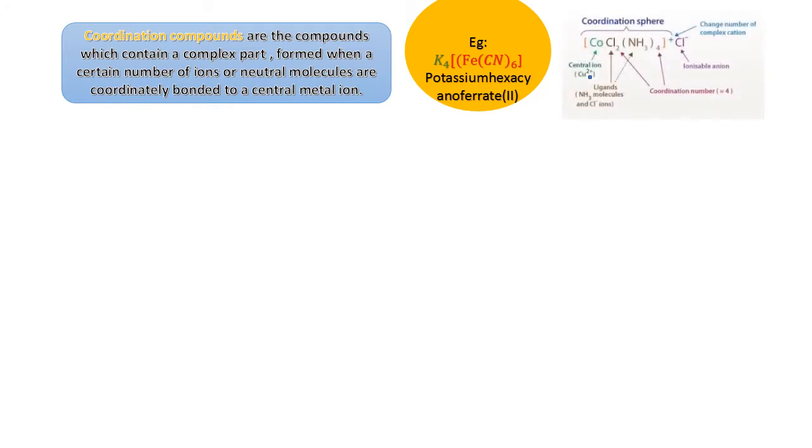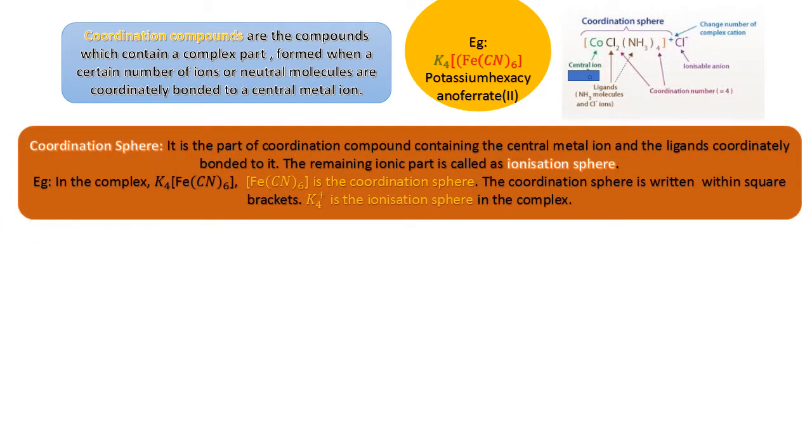Now, what is the coordination sphere? The coordination sphere is the part of a coordination compound containing the central metal ion and the ligands coordinately bonded to it. That is, the coordination sphere is written within the square bracket, and outside the square bracket is the ionization sphere.